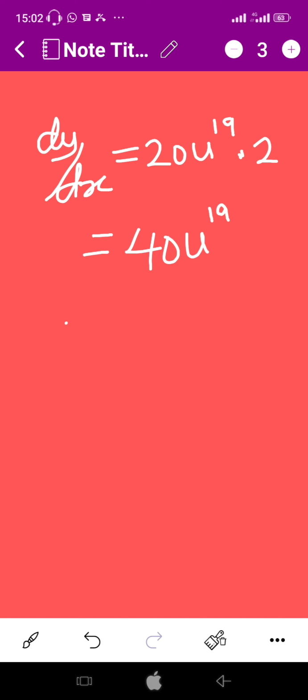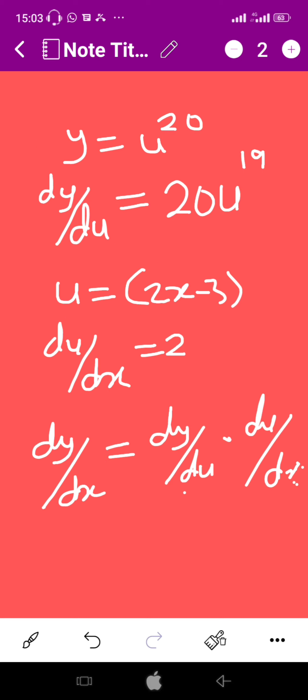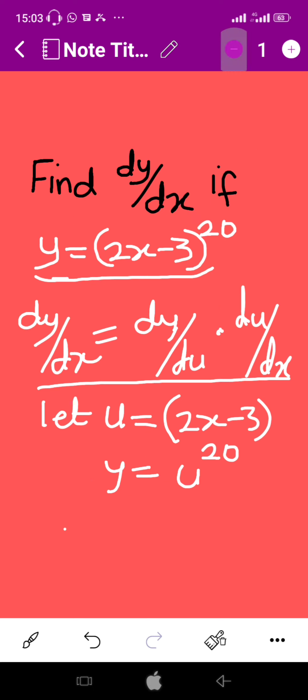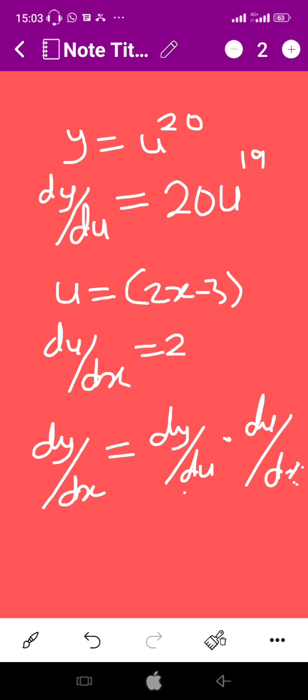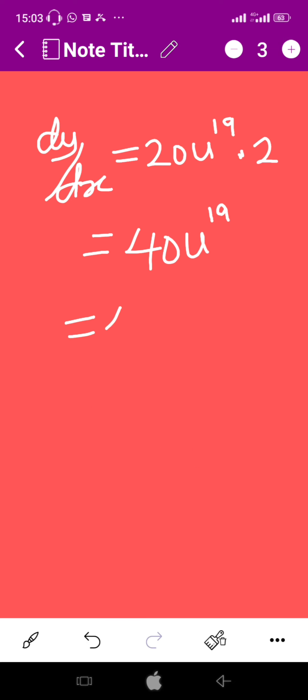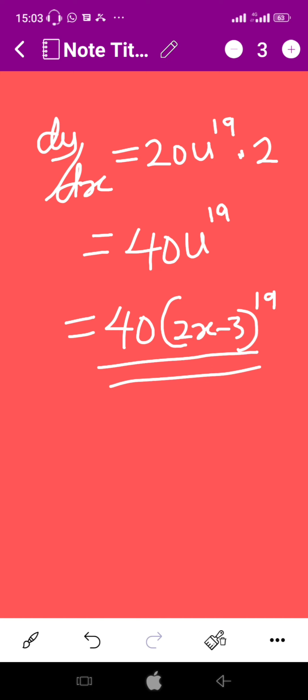Okay, but when you go back to the other page, you discover that we said let u be 2x minus 3. That's the term inside the bracket. So when we see u, we are going to replace it with (2x minus 3) all raised to power 19, and this is the final answer.